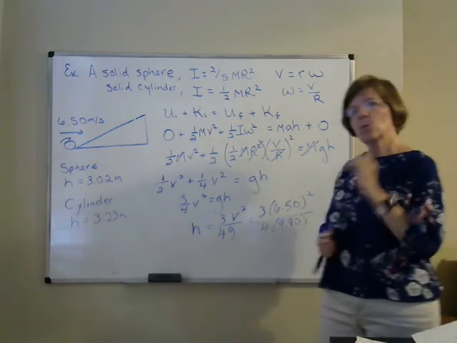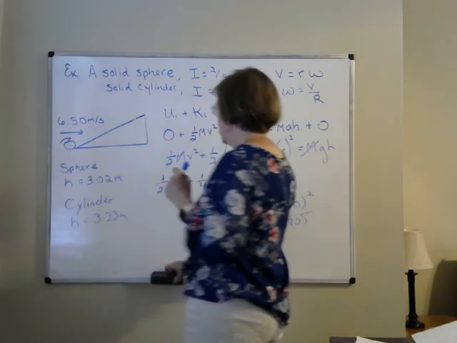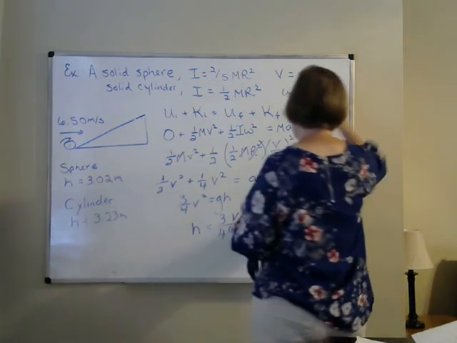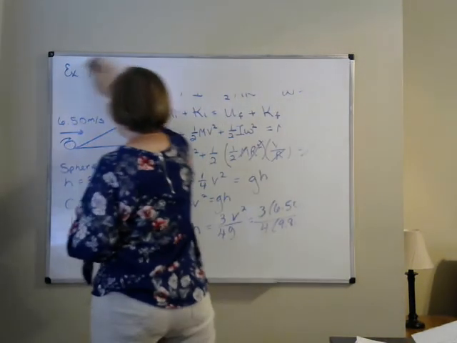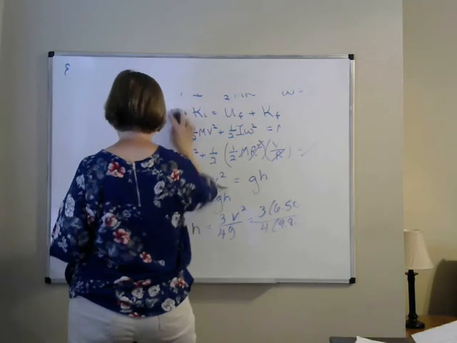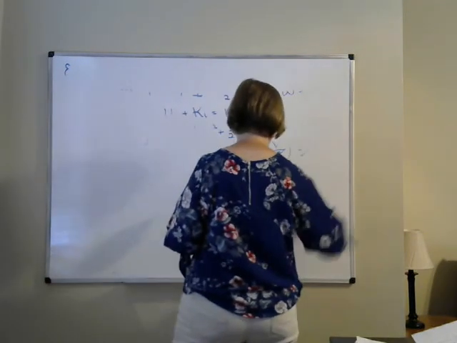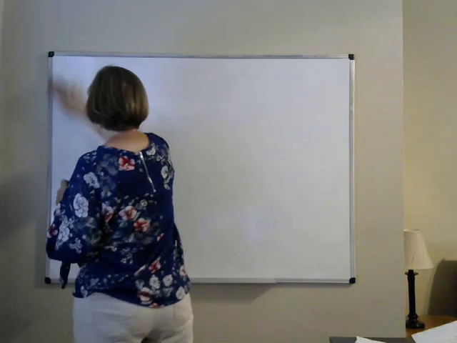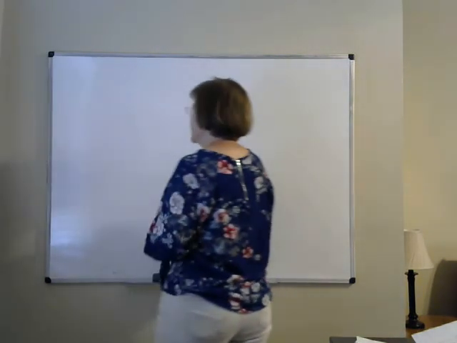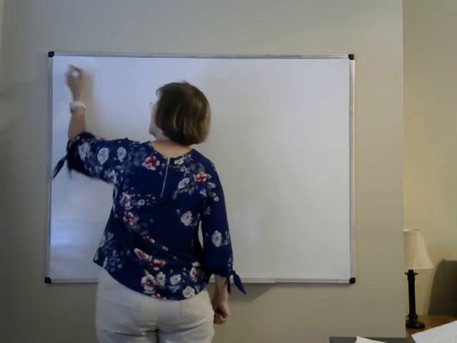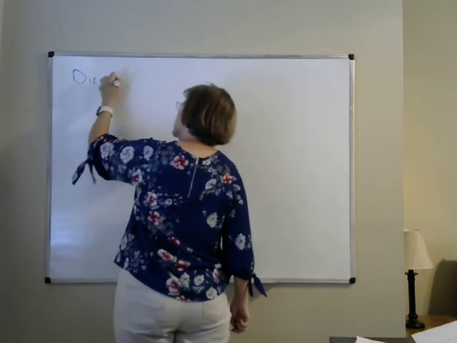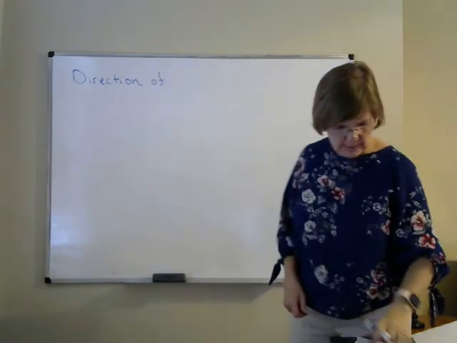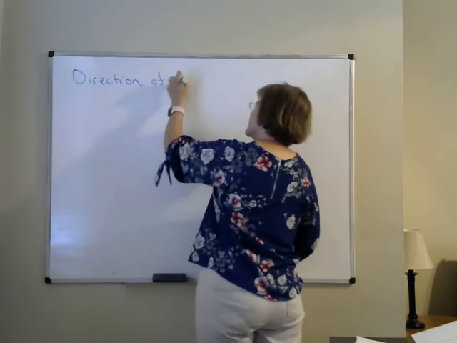Okay, so only one more thing I want to point out. I'm not even sure if you need it, but you might. Might be on some of the homework. And that is, what is the direction of angular quantities?